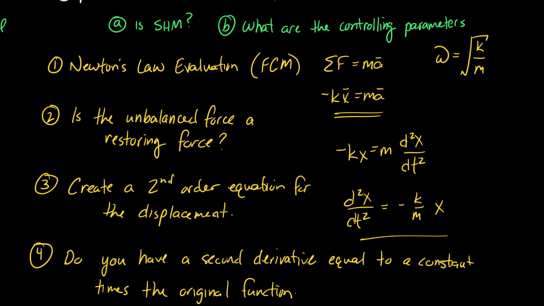That's what we're looking for. Do we have a second derivative that is equal to a constant times the original function? If we do, the constant is equal to omega squared.